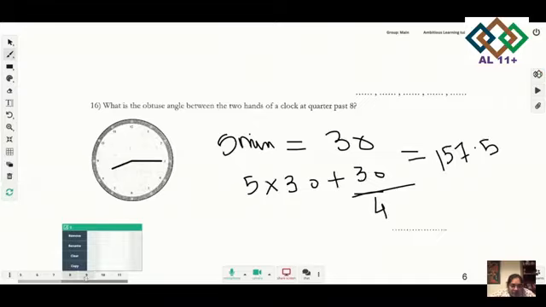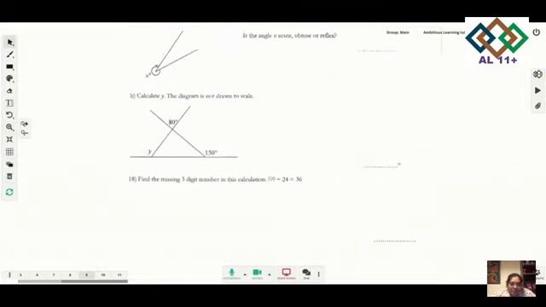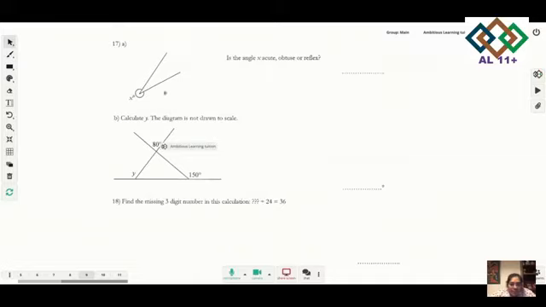Let's move on to the next one now. I'll zoom this one a little bit for you all. Number 17. They're asking you what type of angle this is: acute, obtuse, or reflex. That's an easy one. That's a reflex angle.